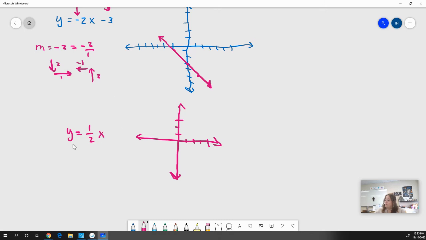So when I went to graph this one, my point would be down here at the origin, right? And then I would count my slope from there. It's 1 over 2. So I go 1 over 2, right? Then I can do the next one, 1 over 2, make a whole line of them. Like that was my best one, and I did it really fast.